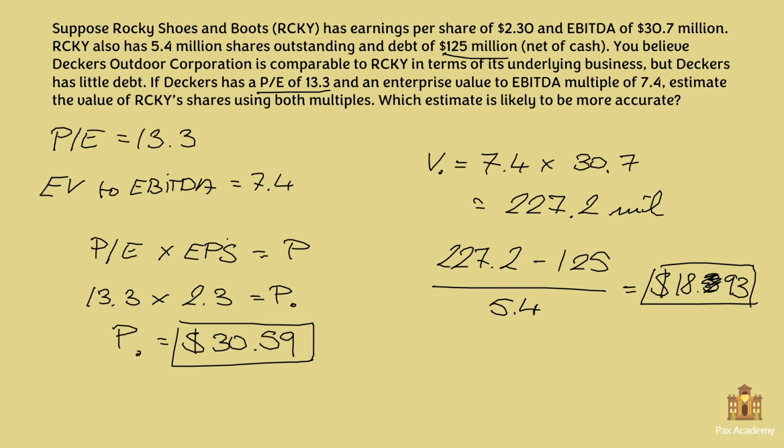When we computed the price of the share of Rocky, in the first one we used the PE ratio, and in the second one, using the EV to EBITDA ratio, we took into account the 125 million debt. Which is very important because, as you can see, because you subtract 125 million debt, it gives us a very different price. So the estimate that's more likely to be accurate is the second one because of the amount of debt.